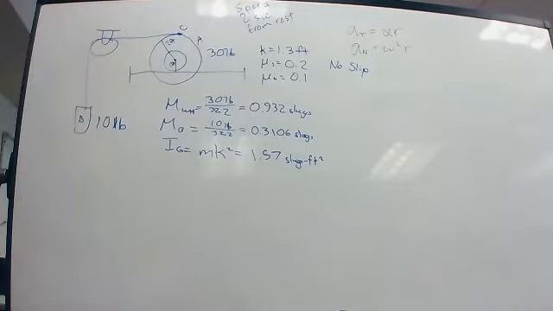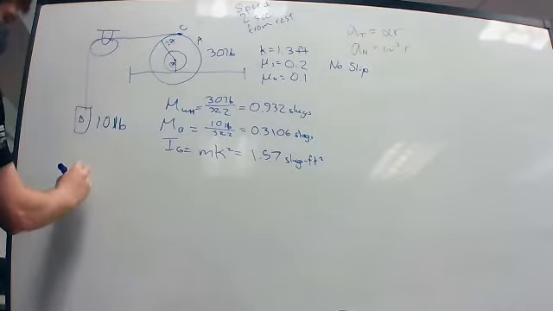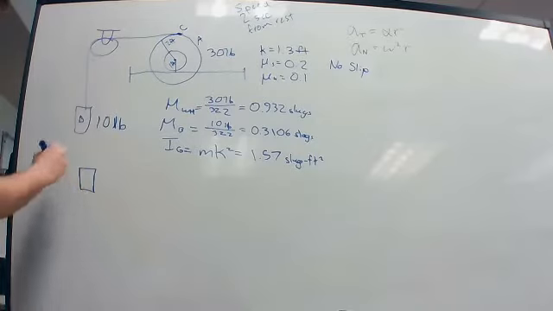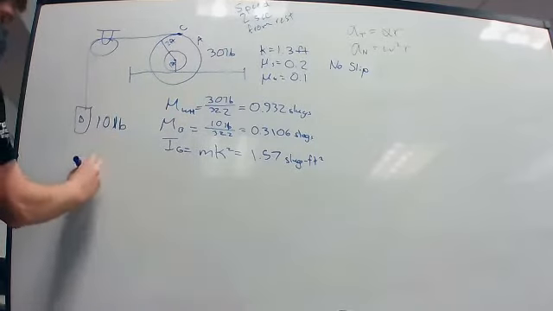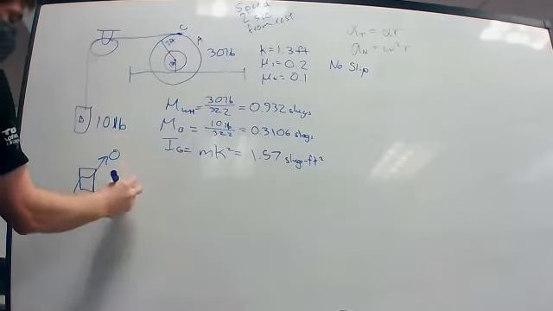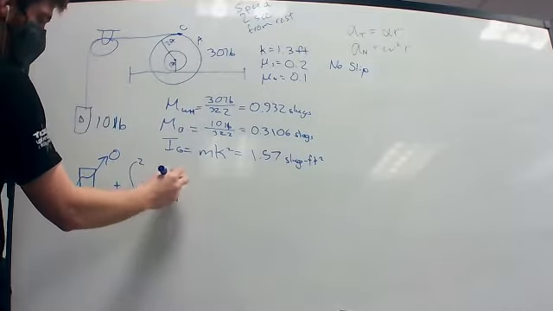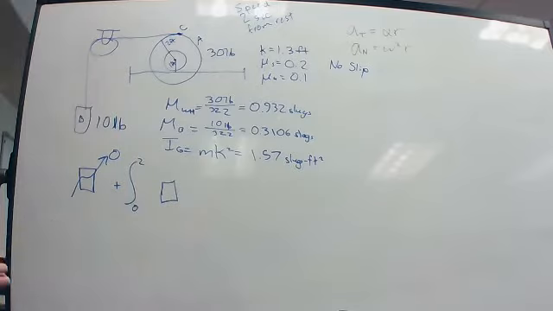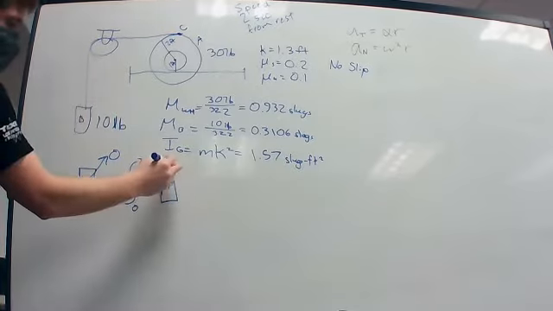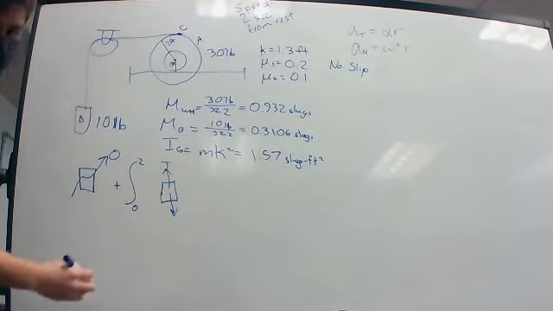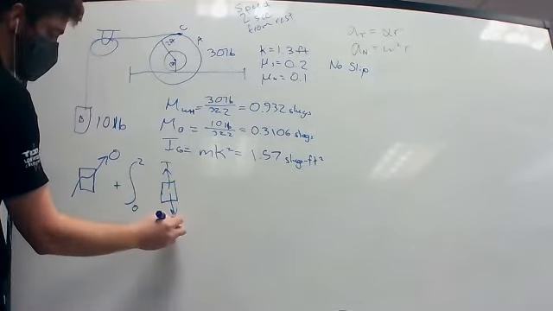So now we can set up our diagrams for the block. We'll say our initial diagram starts from rest, 0, plus the integral from 0 to 2 seconds of the block, where we know that this tension value goes up as T, and the weight of the block goes down as 10 pounds.